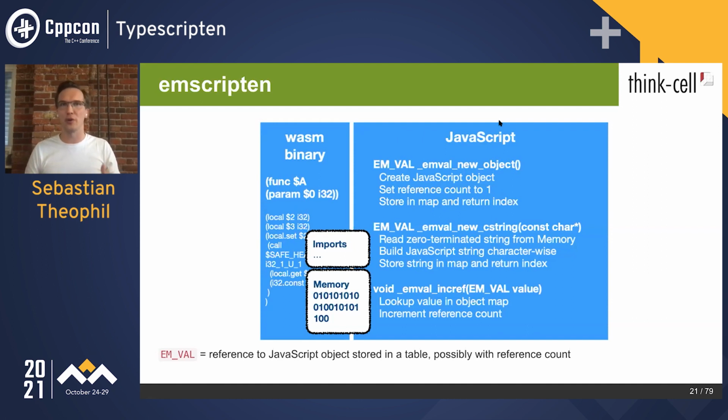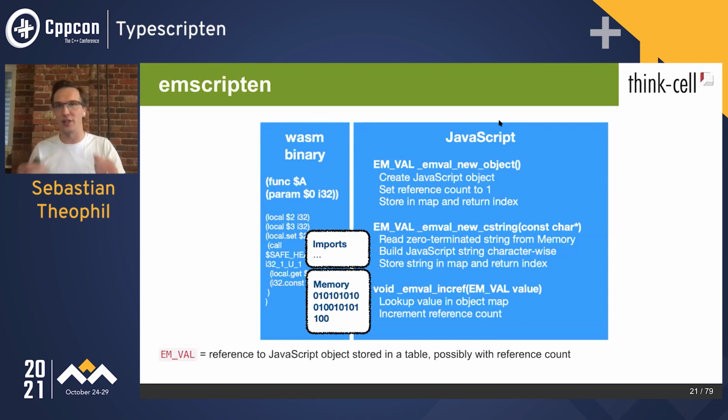So that return value here, that emval, is an integer, as it has to be. And that integer is a handle that corresponds to the index of our object in some map. Now, emval new C string is similar, but even more complicated. It converts a zero-terminated C string to a JavaScript string. In order to do that, the JavaScript function has to read the C string from the WebAssembly memory object.